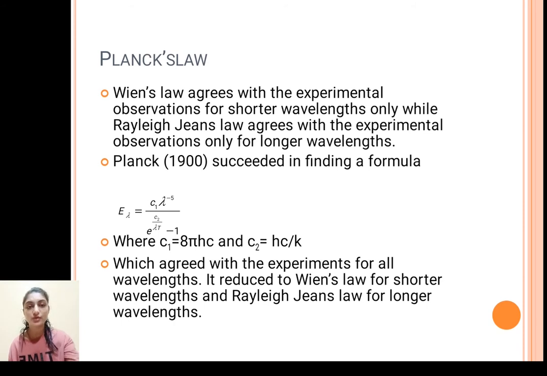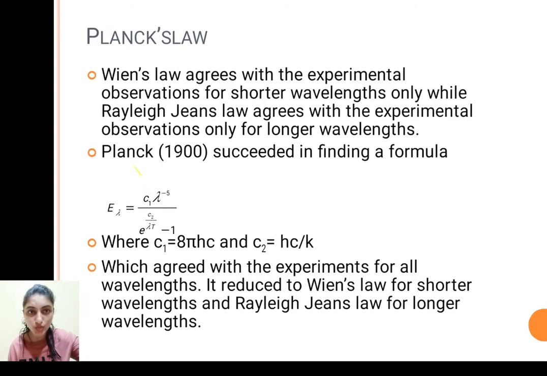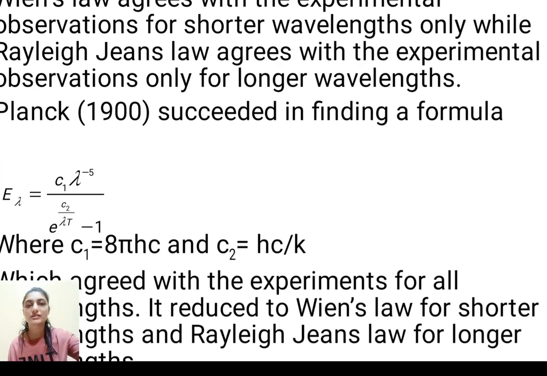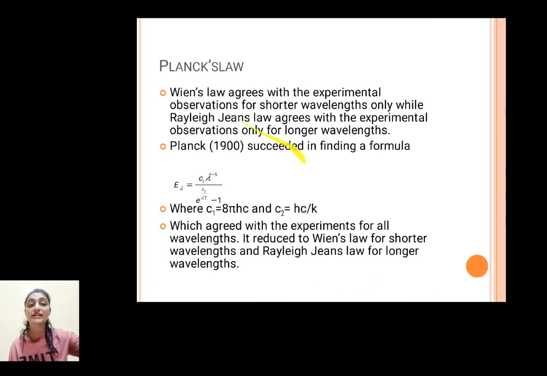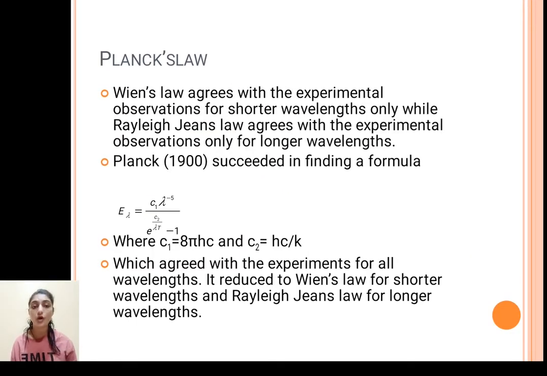So he devised this formula: E lambda equals C1 lambda raised to minus 5 upon e raised to C2 upon lambda T minus 1, where C1 equals 8 pi hc and C2 equals hc upon k, which agreed with the experiments for all wavelengths, and it reduced to Wien's law for shorter wavelengths and to Rayleigh-Jeans law for longer wavelengths.